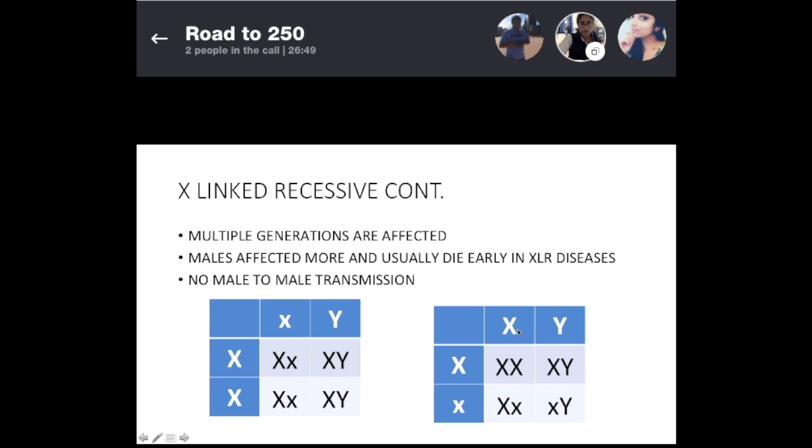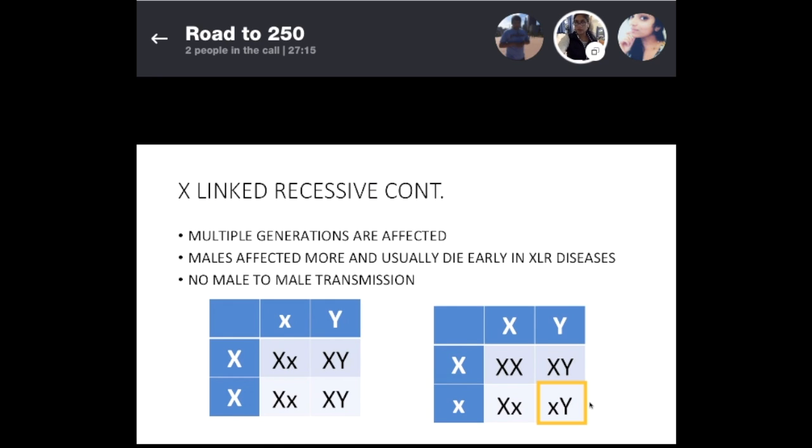However, here in the second pedigree, the male is completely normal. However, the female is affected. This is supposed to be a lowercase x. Sorry, it's not very enunciated. And we result here with an affected male. The male child is manifesting the disease.